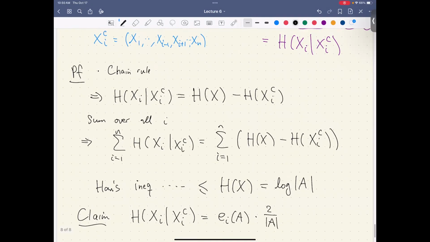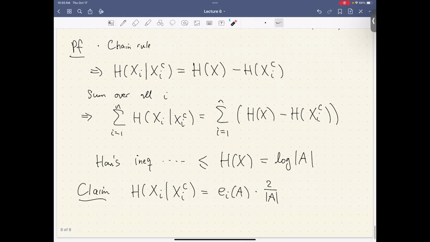If this is true, let me first derive the final result. If this is true, this will imply the left-hand side here equals the sum over i of Ei(A) times 2 over |A|.